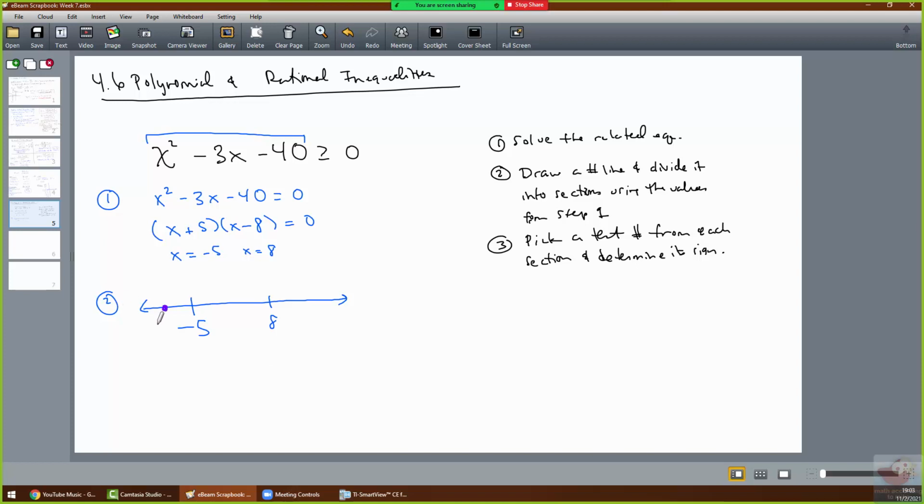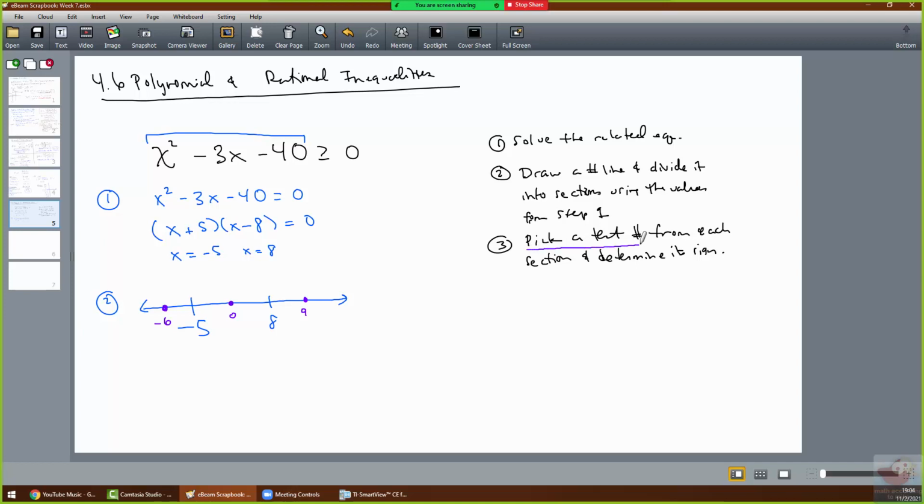I can choose a number in there. I can choose negative 6. This section here are all numbers between negative 5 and 8. I can choose 0. And this is all numbers bigger than 8. I can choose 9. These 3 numbers are one-off. Once we use them, we don't consider them anymore. We only need to focus on the negative 5 and 8 after this step. So there's our test numbers.